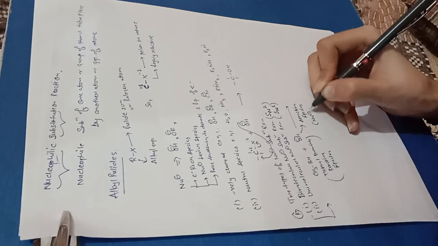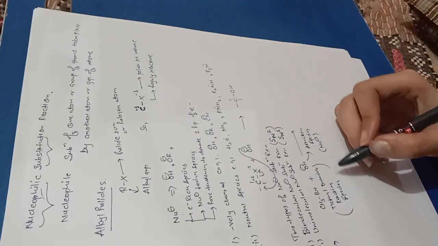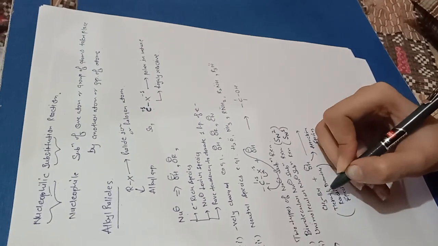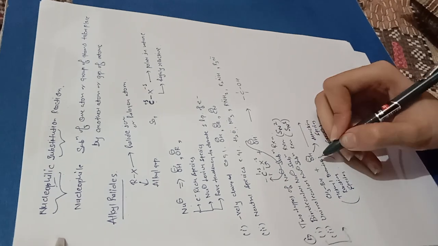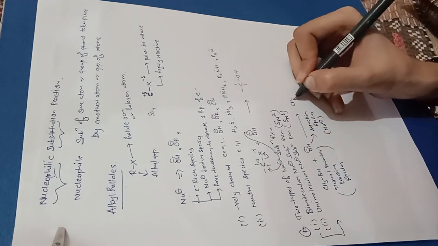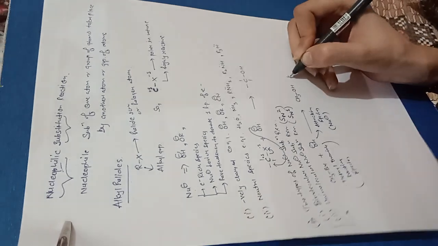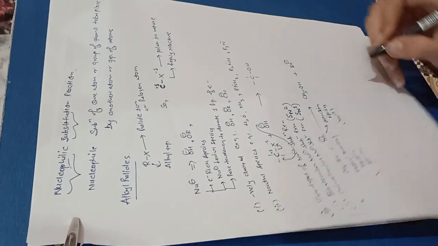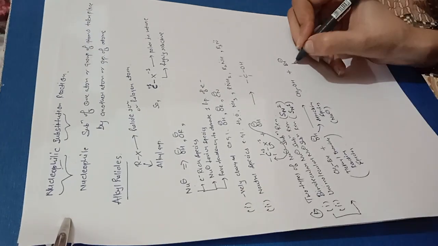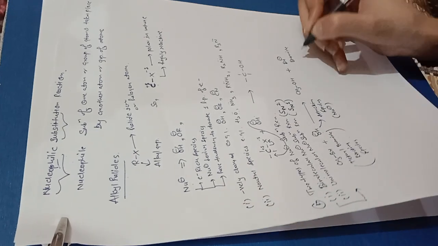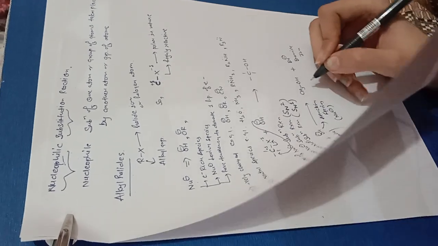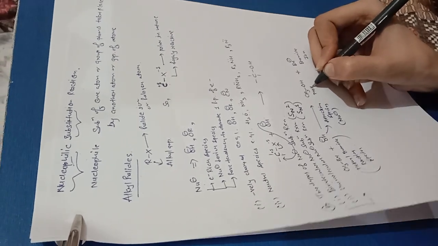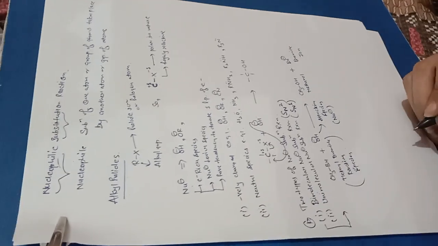When methyl bromide reacts with hydroxide ion, the bromine of methyl bromide is replaced by hydroxide ion, bromide ion is removed, and methanol is formed as the final product.